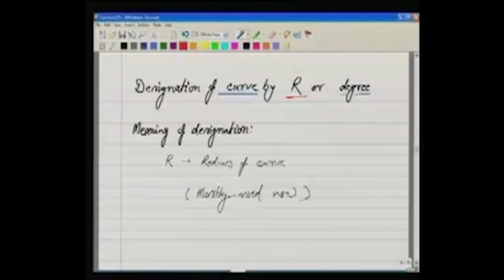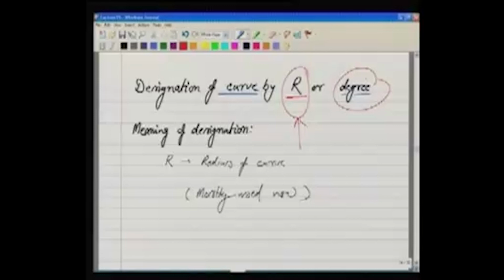What is the radius of the curve? So radius is the one parameter which is used mostly in order to designate a curve. The second parameter, which was used earlier mostly, and it was useful in setting out the curve, is called degree of curve. So radius of curve is very well understood, and the curves are designated by their radius.